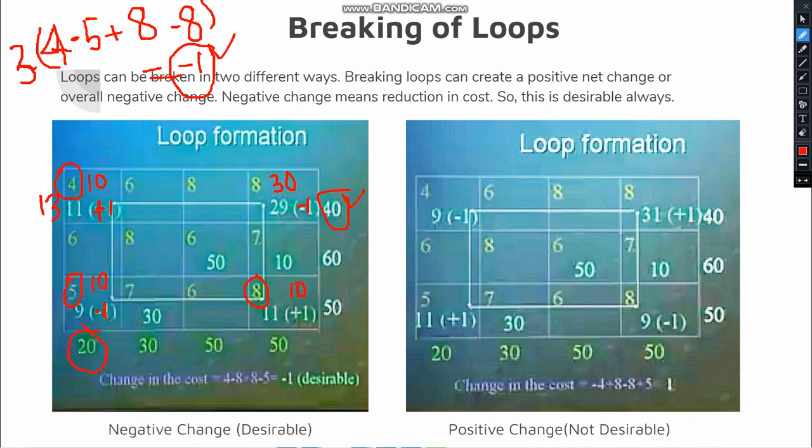Similarly, when you are going to make it 20, this will also be 20, and this will also become 20.